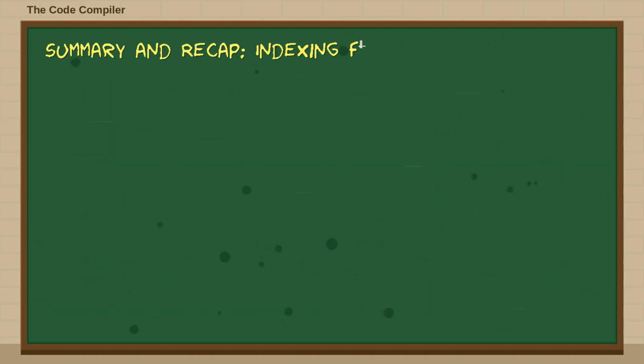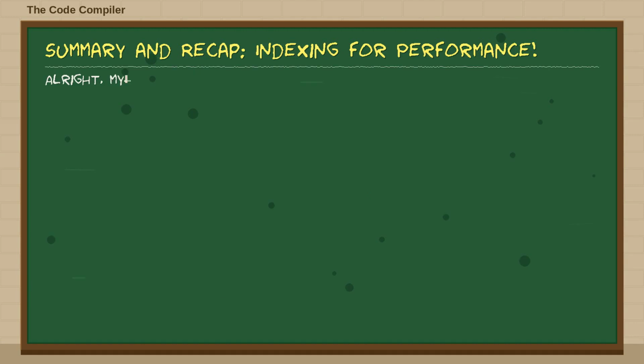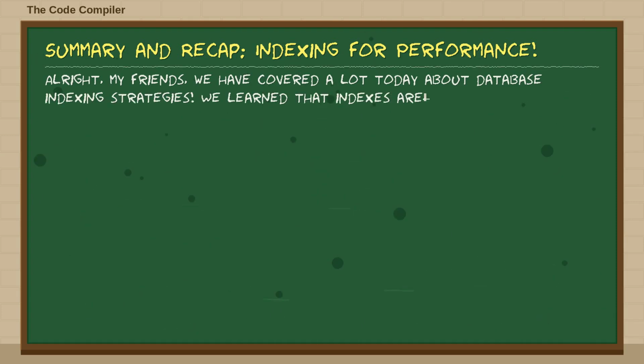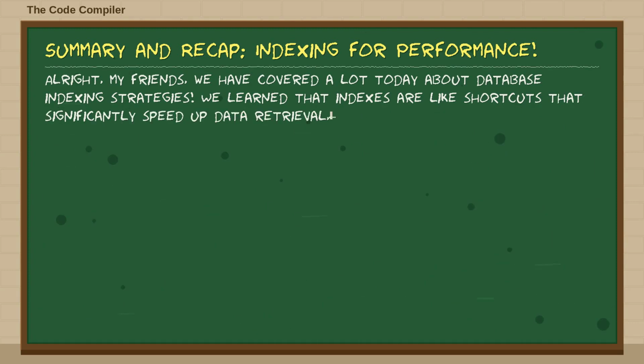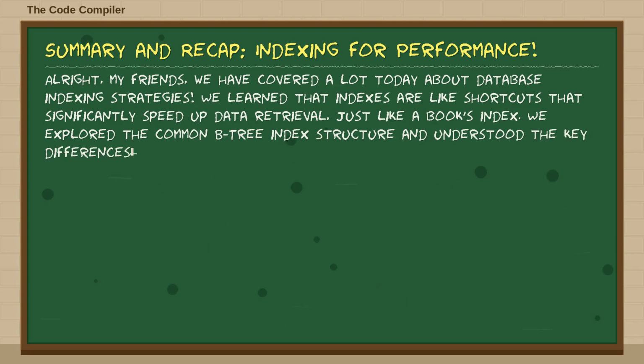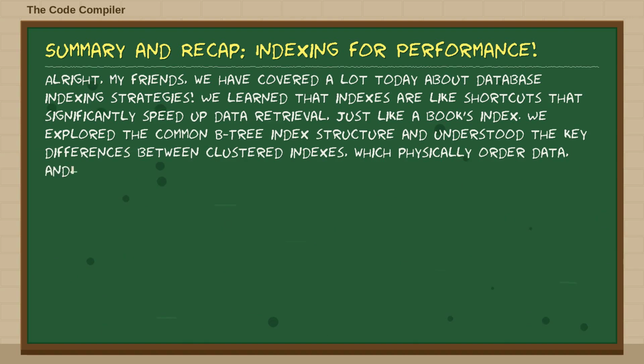Alright, my friends, we have covered a lot today about database indexing strategies. We learned that indexes are like shortcuts that significantly speed up data retrieval, just like a book's index. We explored the common B-tree index structure and understood the key differences between clustered indexes, which physically order data, and non-clustered indexes, which use pointers.